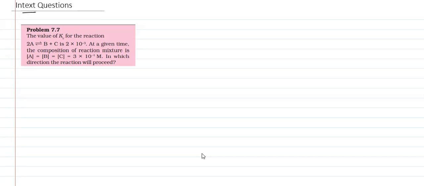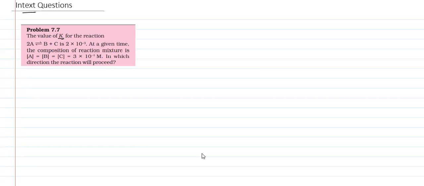Problem 7.7. The value of Kc for the reaction 2A gives rise to B plus C is 2 into 10 to the power minus 3. At a given time, the composition of the reaction mixture is concentration of A equals concentration of B equals concentration of C equals 3 into 10 to the power minus 4 molar.